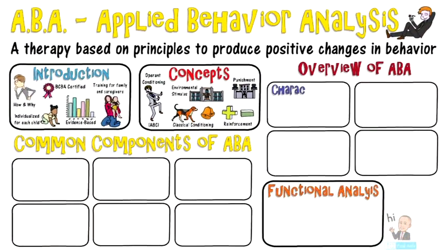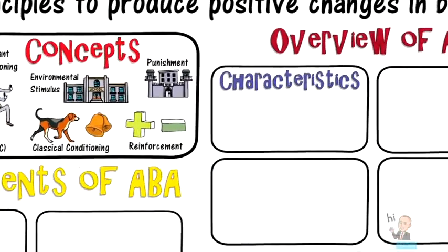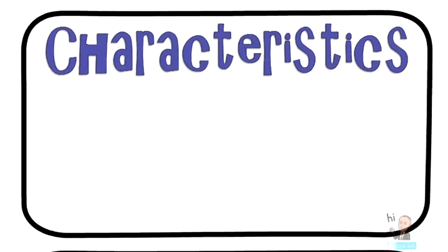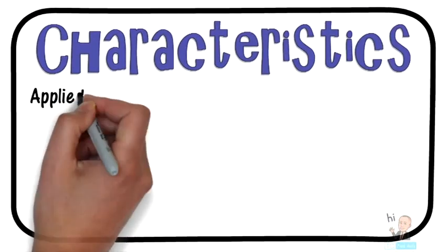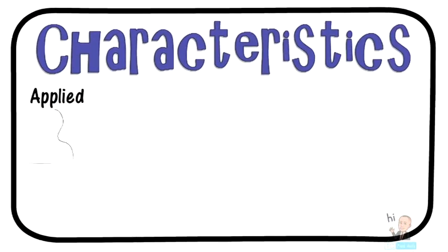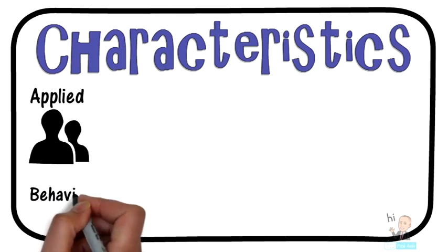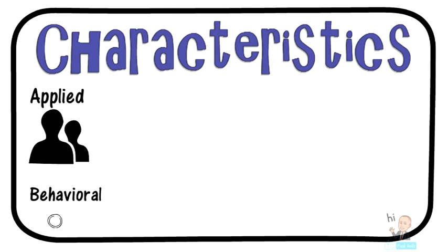Characteristics of ABA. First, applied, meaning it is based on significant social behavior for all. Behavior must be observable and measurable in all situations.